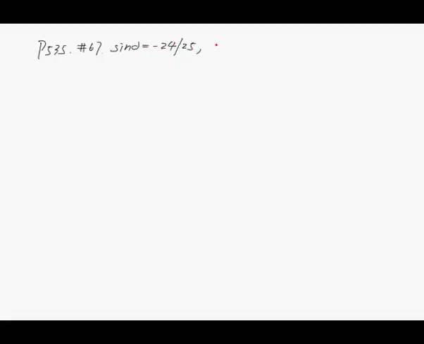And we also know cosine beta equal to -8 over 17. Alpha is in the quadrant 3 and beta is in the quadrant 2. So right now we need to find sine of alpha minus beta.